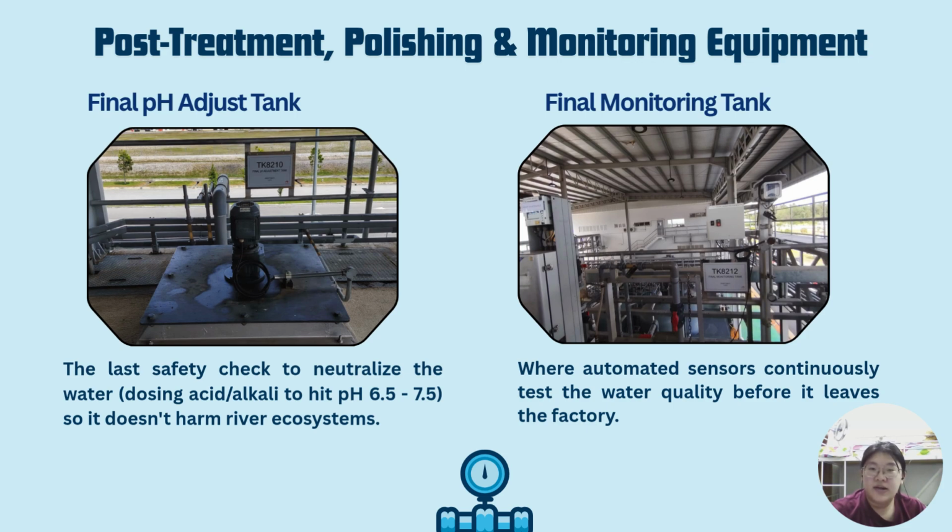Finally, the treated stream flows through the final monitoring tank. This is where automatic sensors continually test the water quality parameters like turbidity, DO, and temperature before it officially leaves the factory. This continual monitoring acts as Ajinomoto's ultimate safety defense loop, automatically alerting the engineers if any treated water fails to meet environmental compliance standards.